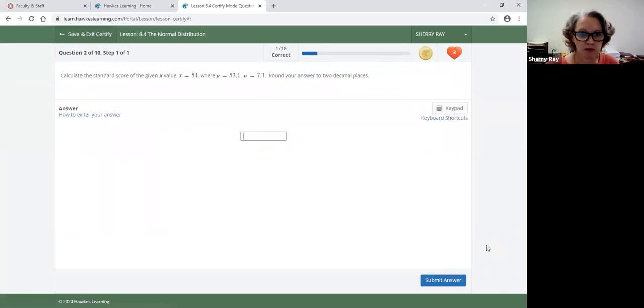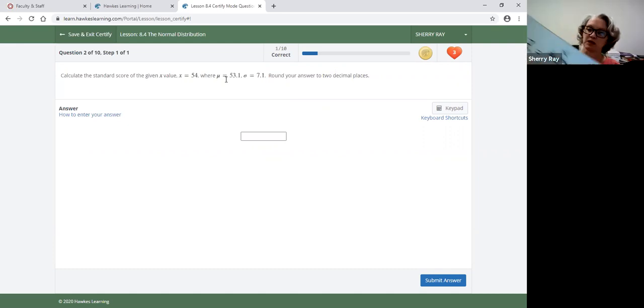Now, sometimes the variables look a little different. In this case, the weird looking m is called mu, and that is our mean. And then the little o that looks like it has a line on top, that's called sigma. That's our standard deviation.